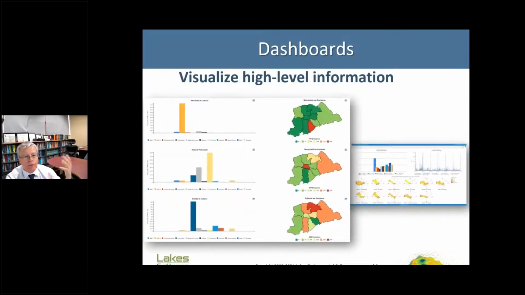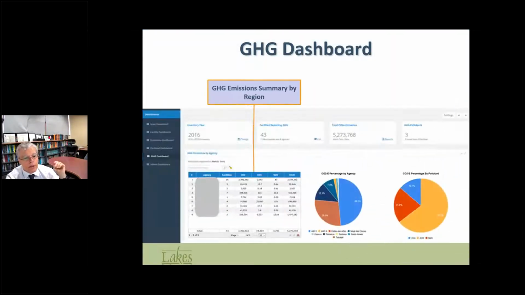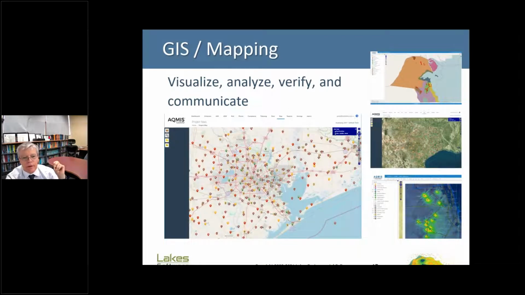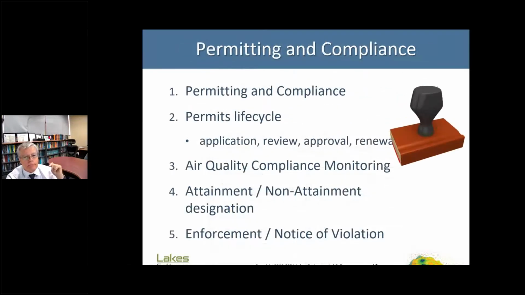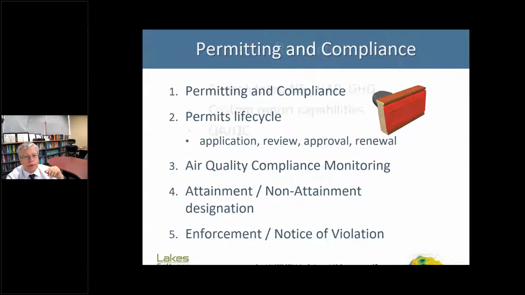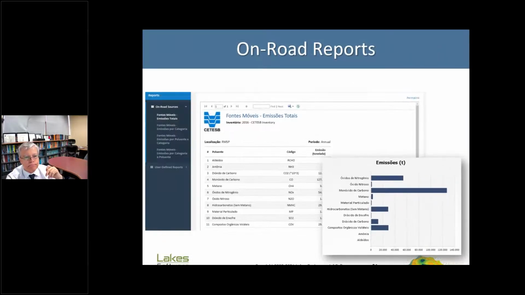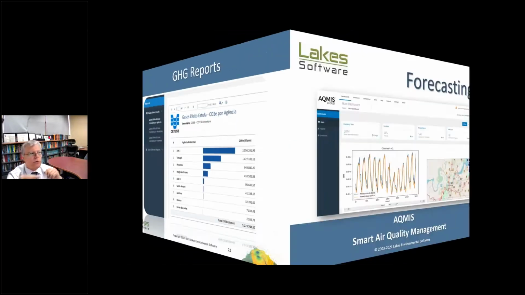Have high-level information at jurisdictional level, on-road, with dashboards and all the information, greenhouse gases, extensive use of mapping, then conduct human health risk assessment, various types, acute or chronic, long-term, permitting, all together, and then the reports, greenhouse gases, and now the forecast.